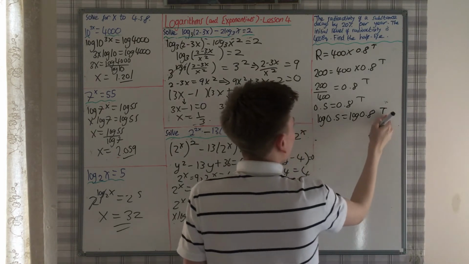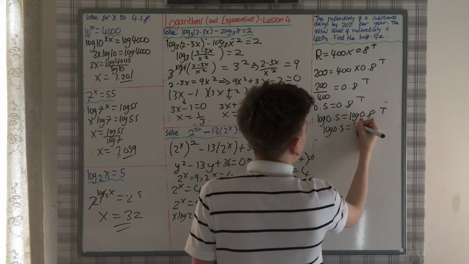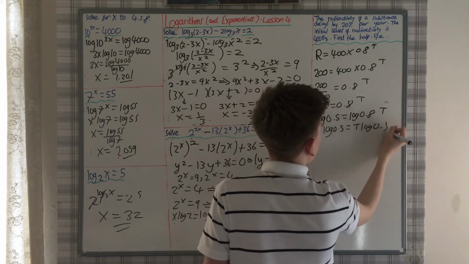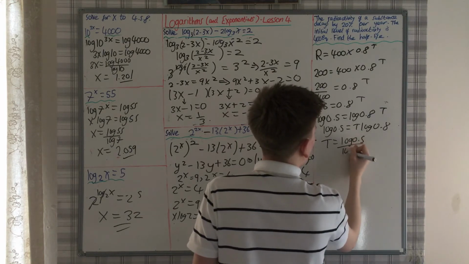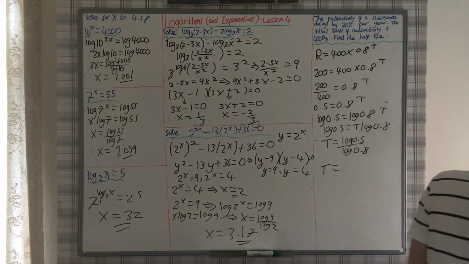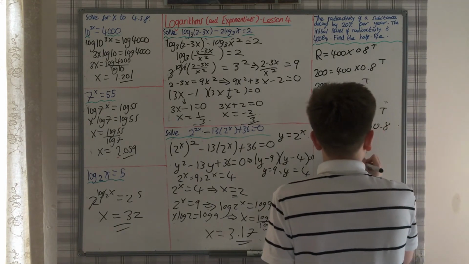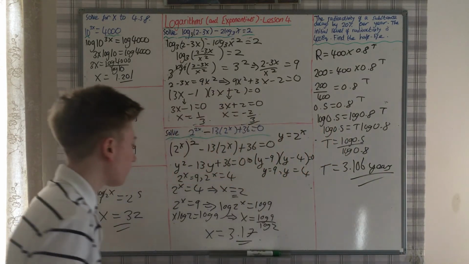Now if we move the t to the front using the third law of logarithms, we get log 0.5 equals t log 0.8. So t is simply log 0.5 divided by log 0.8. So the time is 3.106 years to 4 significant figures. And don't forget the unit of years, okay?